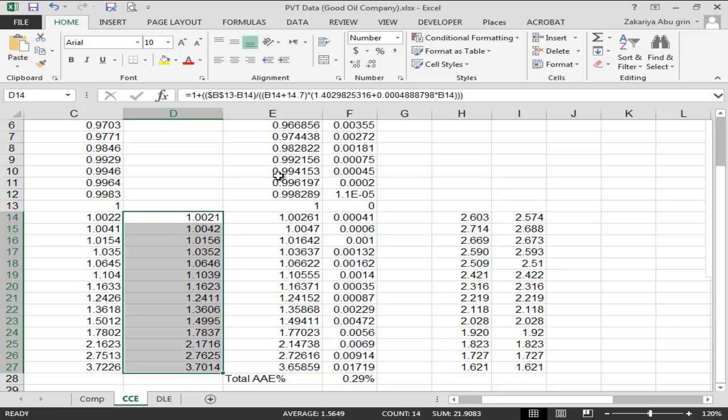Because what we already do, we match this data with this lab data, and we calculate the average absolute error. So in this case, if we match this with this one, we don't need to put the corrected one. If there is a mistake in the lab data, and you evaluate that data by Y function, and you see not all points are on the straight line, it means that you need to correct the lab data.